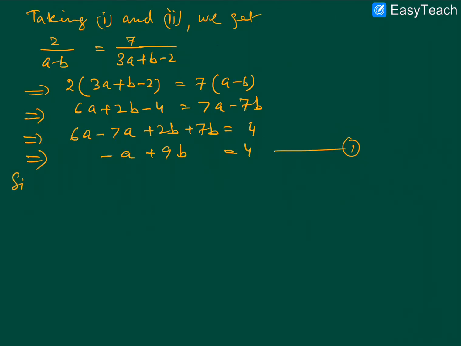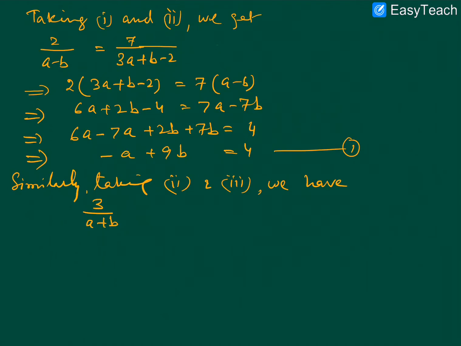Similarly, taking second and third, we have 3 upon a plus b is equal to 7 upon 3a plus b minus 2.